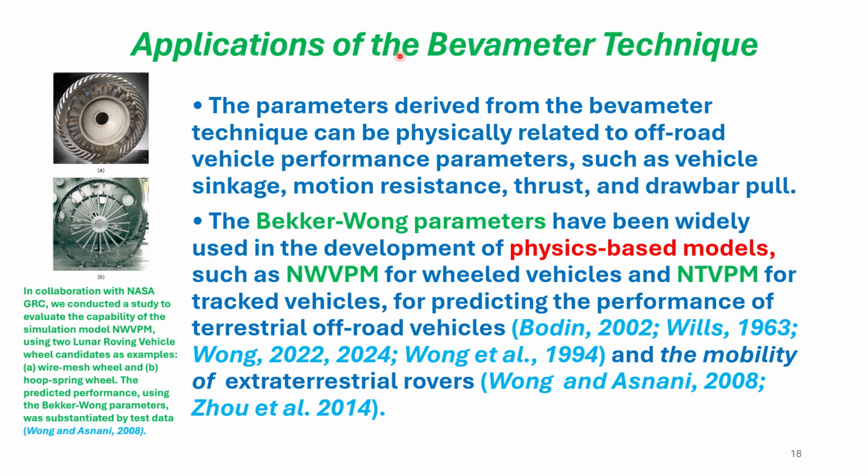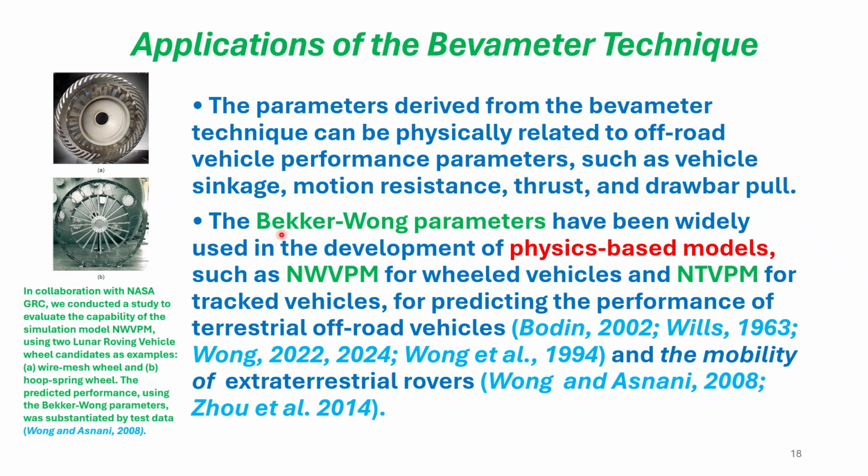Applications of the Bevameter technique. The parameters derived from the Bevameter technique can be physically related to off-road vehicle performance parameters, such as vehicle sinkage, motion resistance, thrust, and drawbar pull.